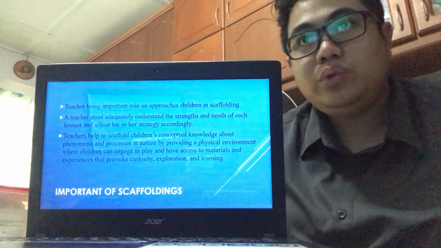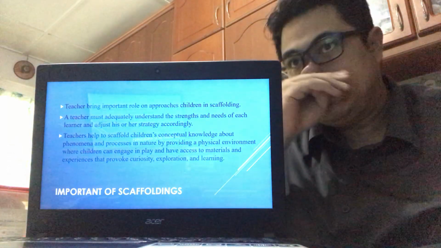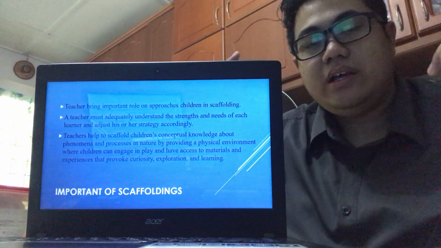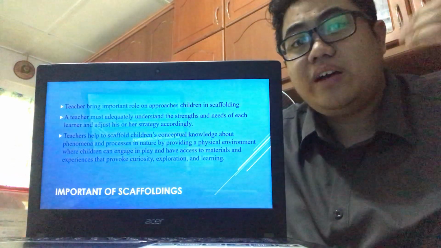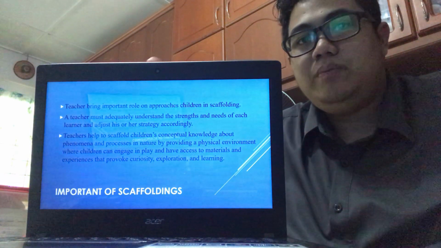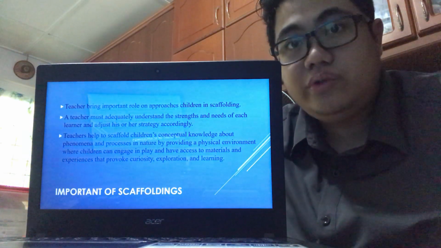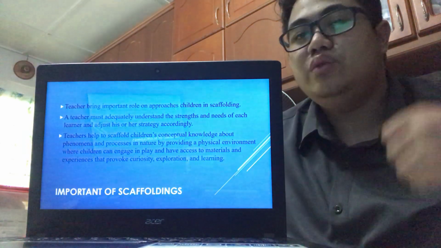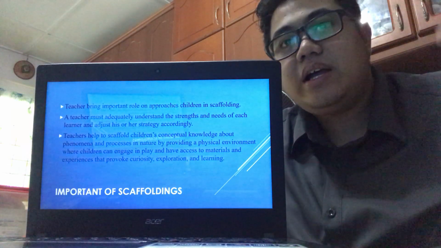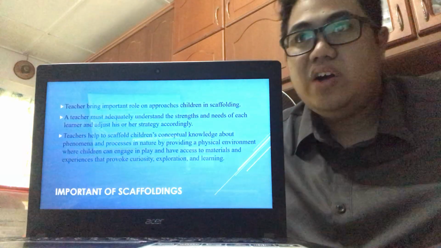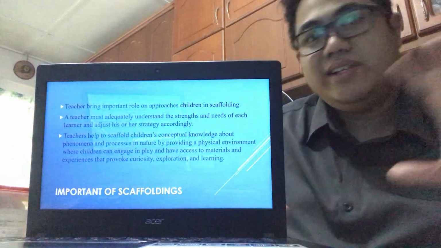Through scaffolding, of course there will be play, because play is one of the children's things. During play, children are born full of curiosity. They like to explore using the senses.